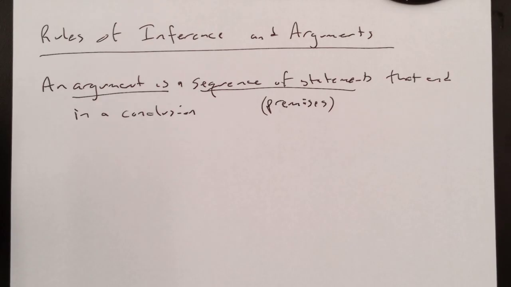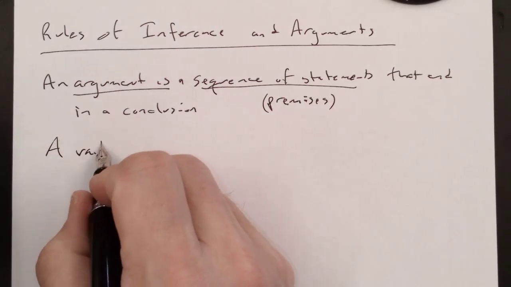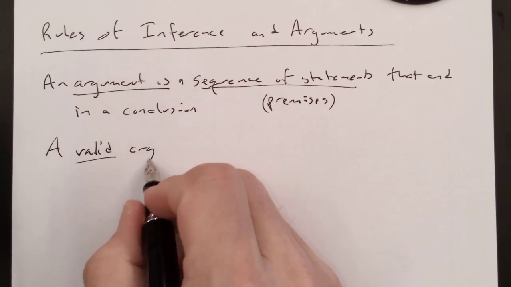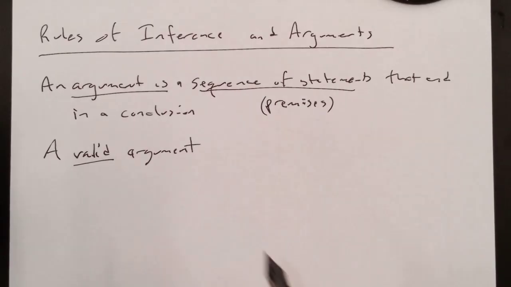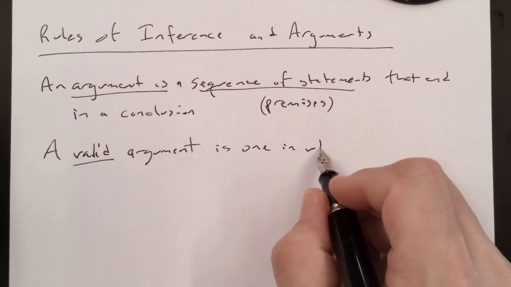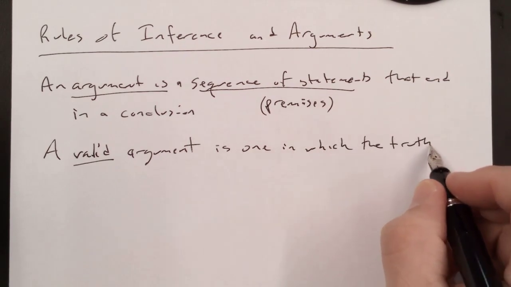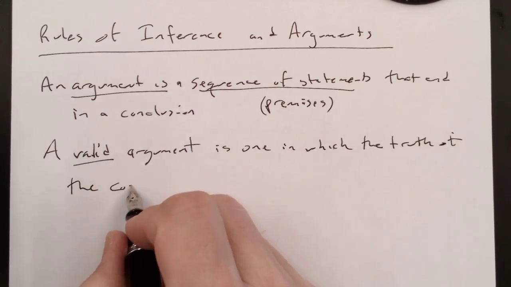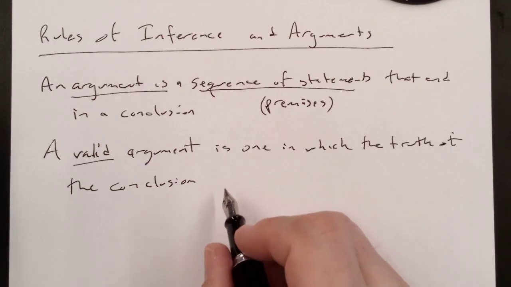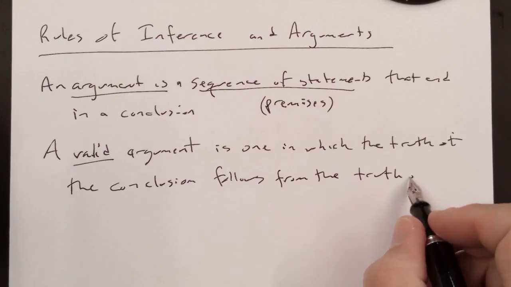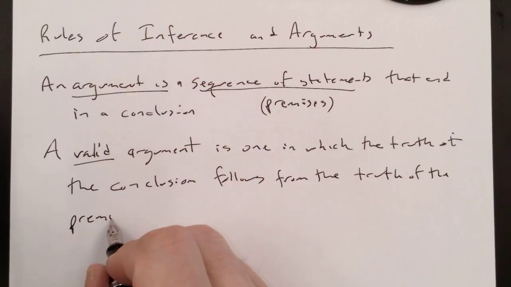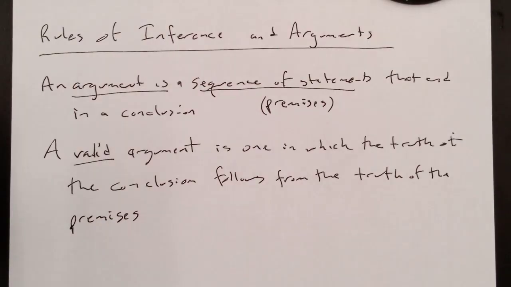An argument is valid if the truth of the conclusion follows from the truth of the premises that come before it.